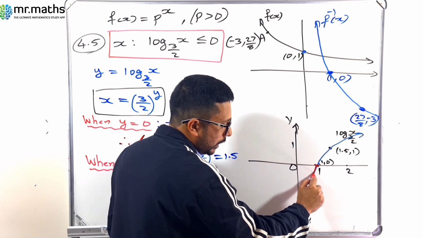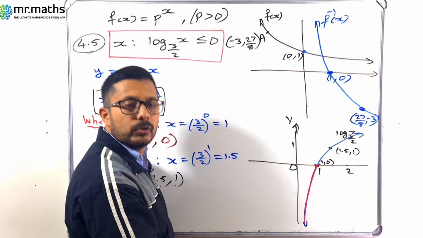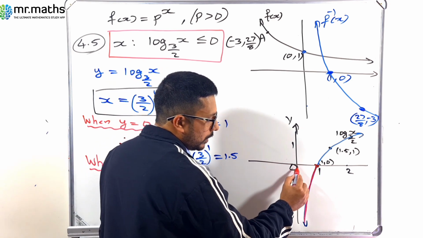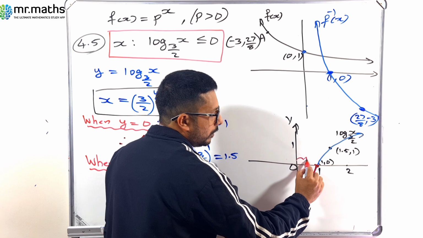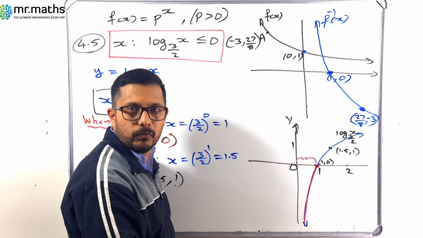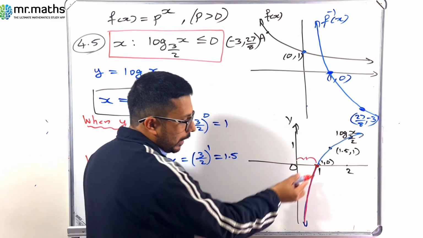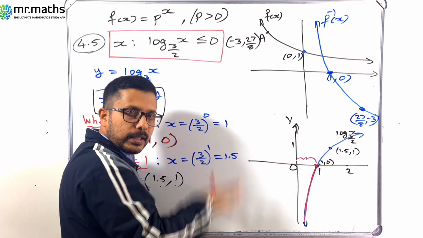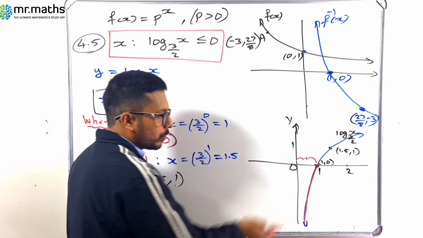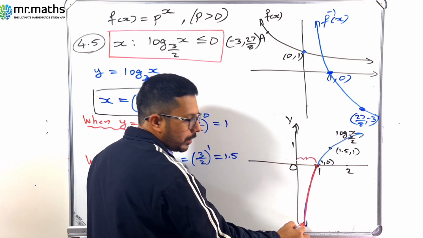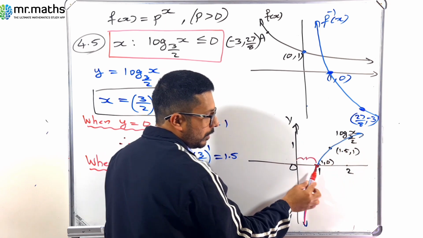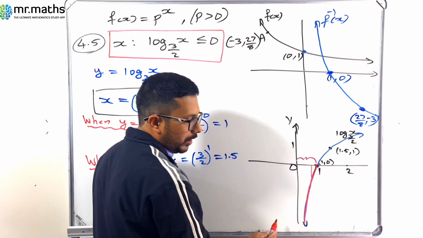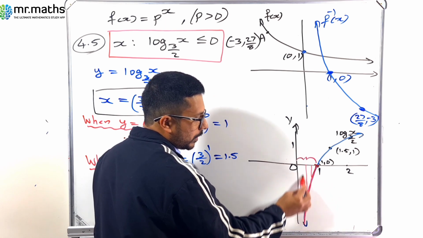From this point to this side, this is below the x-axis. Below the x-axis is called negative. Not this one, this is above the x-axis. So for example, at this point, what is the x value here?